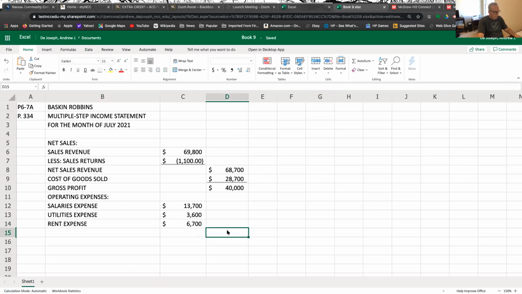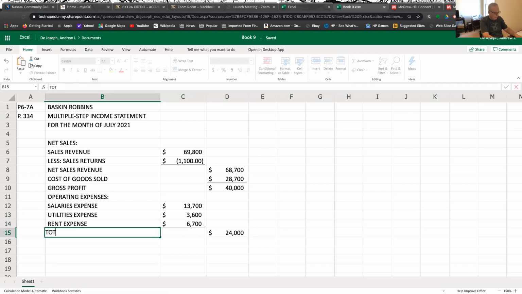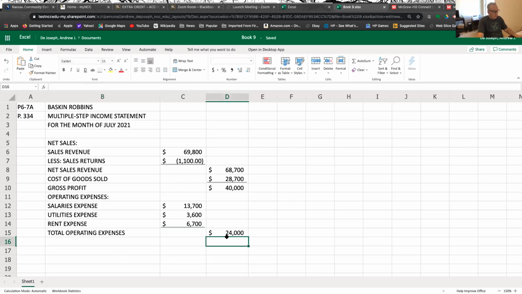If I add those three things together, I get 24,000 total operating expenses. And then if I subtract the operating expenses from the gross profit, 40,000 minus 24,000 is 16,000.